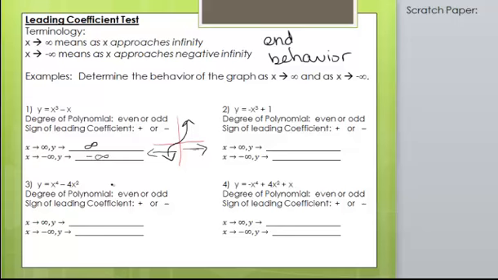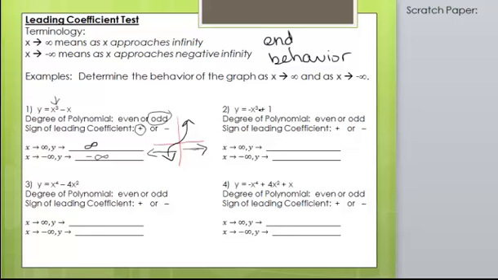So y is going to negative infinity. The degree of your polynomial, in this case, is odd because of that 3. The degree of the polynomial determines the shape of your graph. The sign of the leading coefficient, in this case, is positive. It's going to determine the direction your graph is pointing.